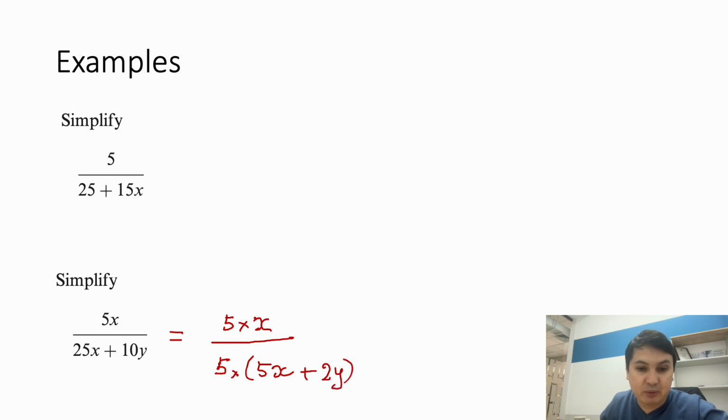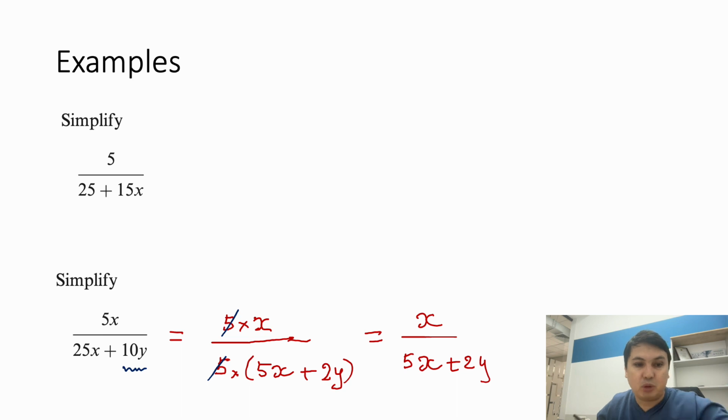So again we see that 5 is a common factor, but x is not a common factor. Why is x not a common factor? Because here we don't have an x term, so I couldn't pull out x. So on the top I am left with x, at the bottom I have 5x plus 2 times y.